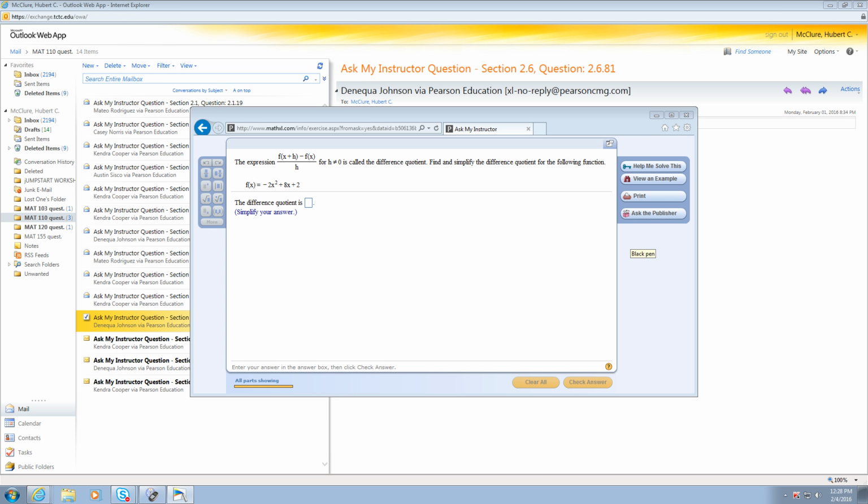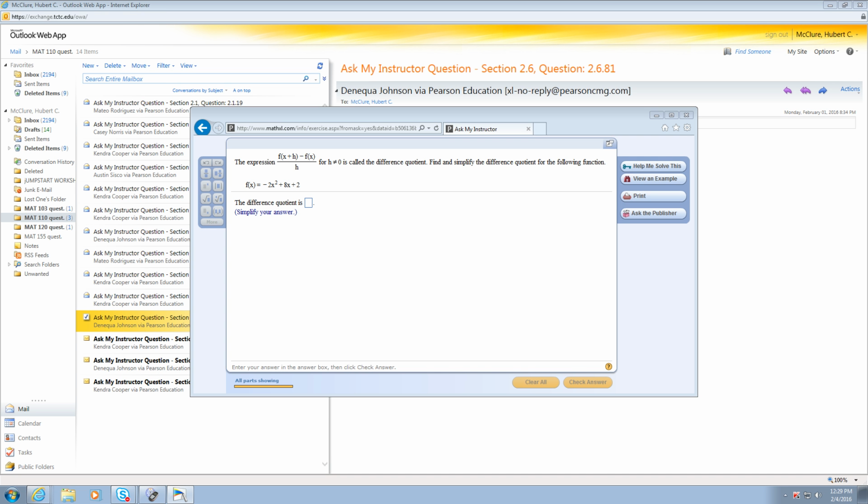Now that's going to give us -2, and that's going to give us shortcut number 1, x squared plus 2xh plus h squared. And if you don't know where that comes from, then you still haven't learned those shortcuts that I told you you better learn or you're going to fail. Plus 8x plus 8h plus 2 plus 2x squared minus 8x minus 2 all over h.